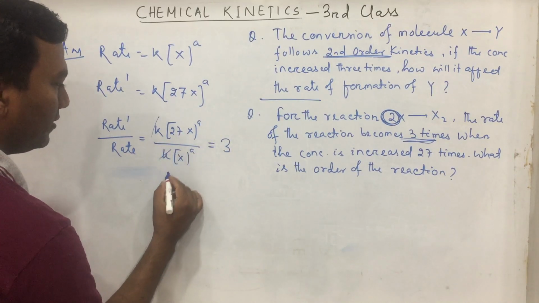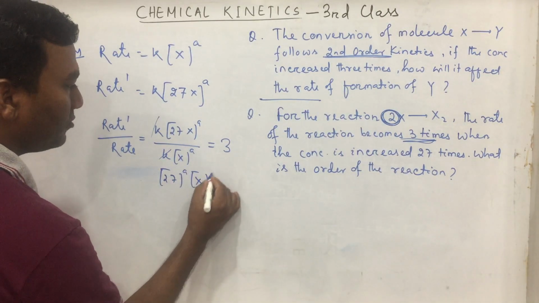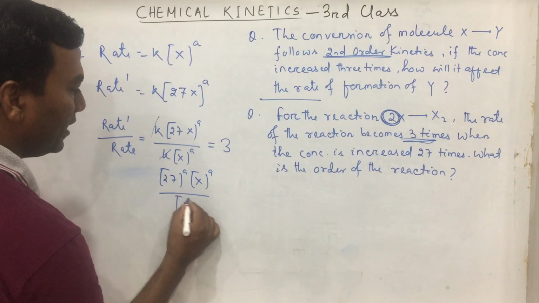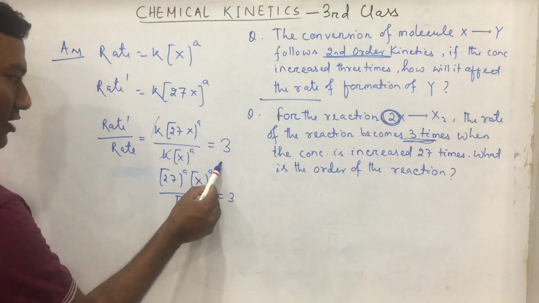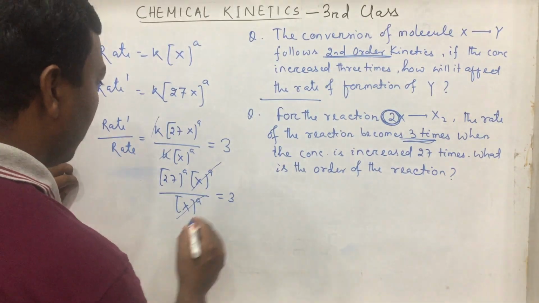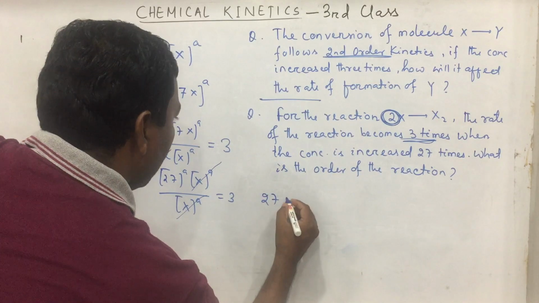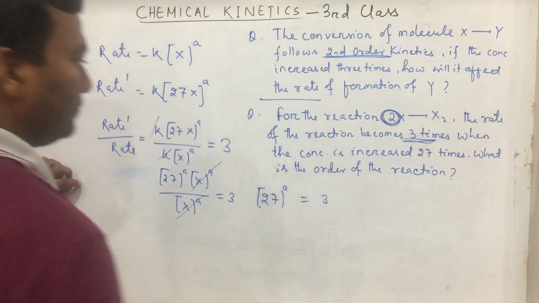So 27 to the power a into x to the power a by x to the power a equals 3. So x to the power a cancels, and this implies 27 to the power a equals 3.